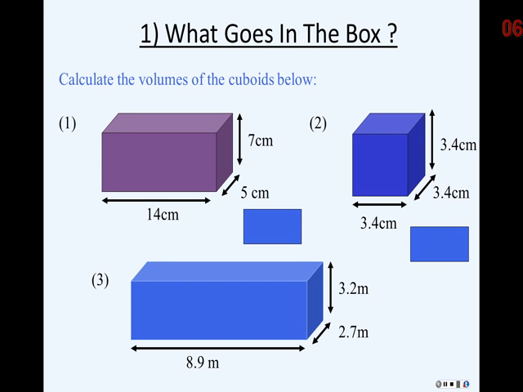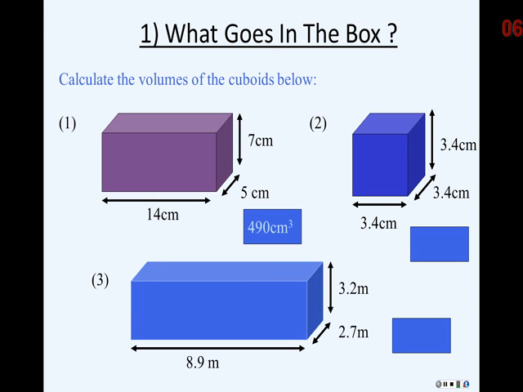And that's our first formula. What did you get for 14 times 5 times 7? 490 what? Cubic centimeters, or centimeters cubed, right? So 490 is what we should get here. All right? Now try number 2.